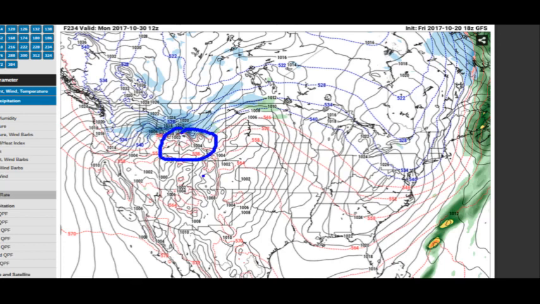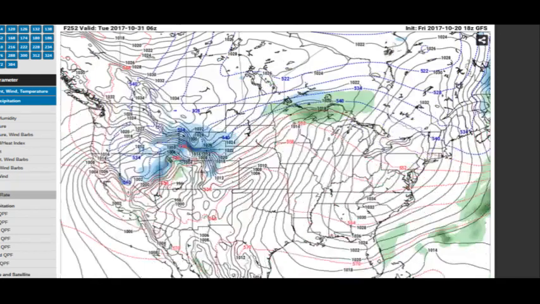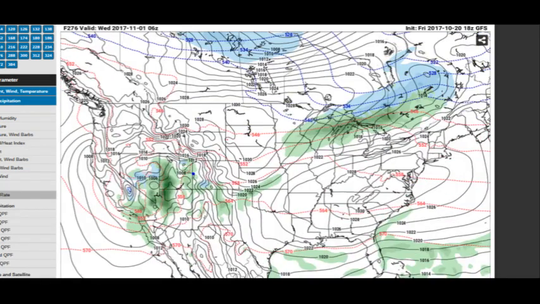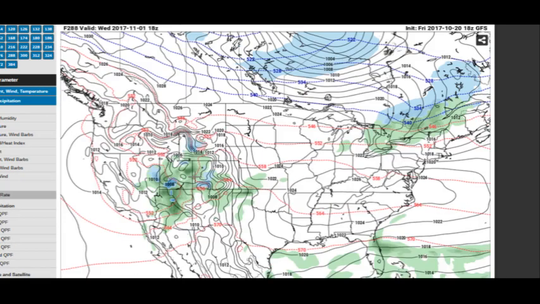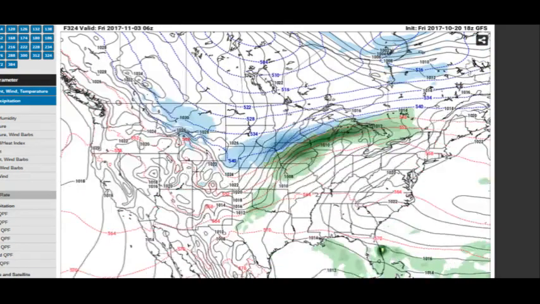So here comes the next system right there in Wyoming. And wow, yeah, look at that, good grief. And a cold low over central California there for Wednesday the 1st, just after Halloween. So there's the front on the 1st of November. There's the old high pressure area, and here's the new Canadian and Pacific air building in.